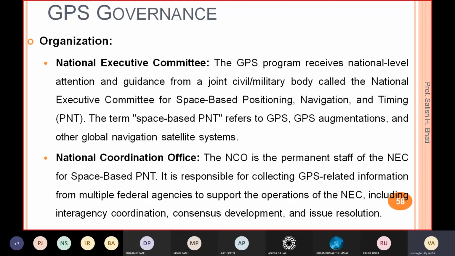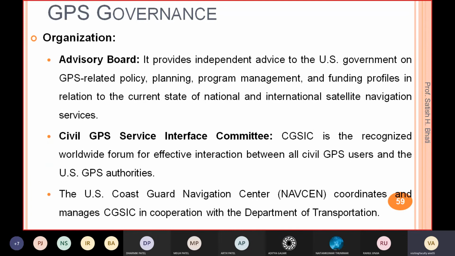Right? So these different committees, different offices have different functions or different roles. Then the advisory board provides independent advice to the U.S. government on GPS-related policy, planning, program management, and funding profiles in relation to the current state of national and international satellite navigation services. Right?